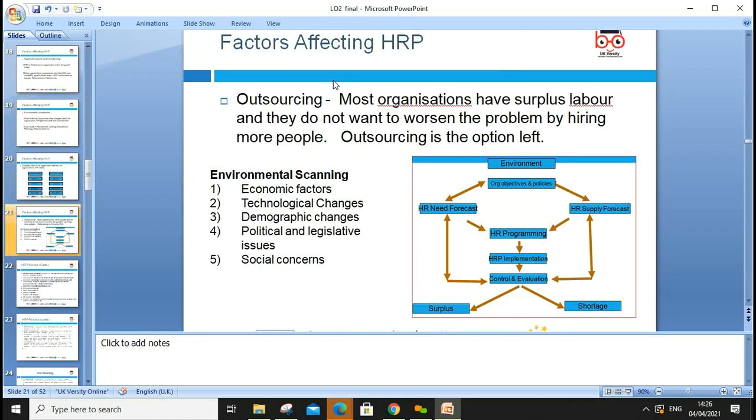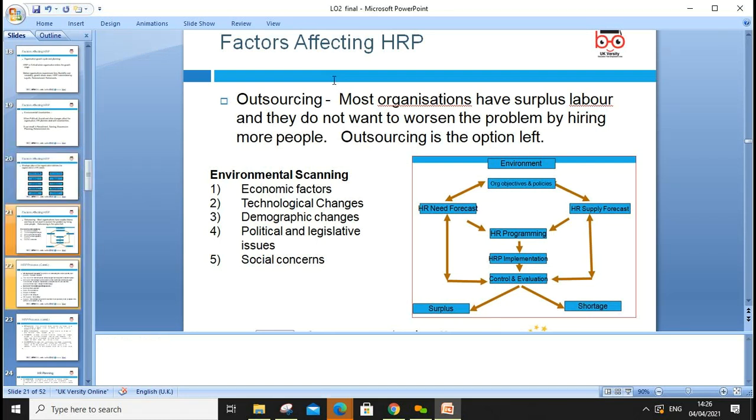So, factors affecting HRP and outsourcing. Most organizations have surplus labor and don't want to worsen the problem by hiring more people. So we need to look at all these factors: organization policy, forecast planning, and the HRP, human resource implementation plan, control and evaluation, surplus, shortage, what we have, how many employees we require.